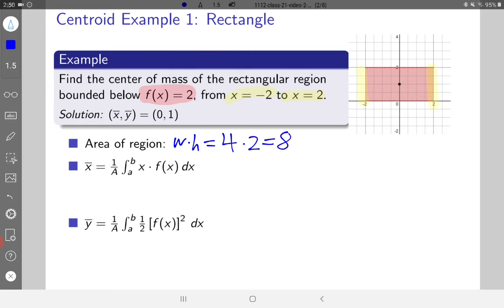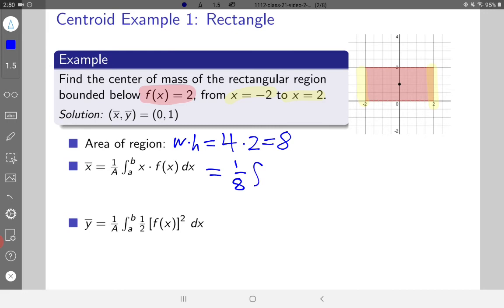I don't need to do any integration or anything crazy to find that. To calculate the x-coordinate of the centroid, I'm going to set up and evaluate this integral. So I have the formula pasted here from the previous slide. 1 over A, the area, is 1 over 8.